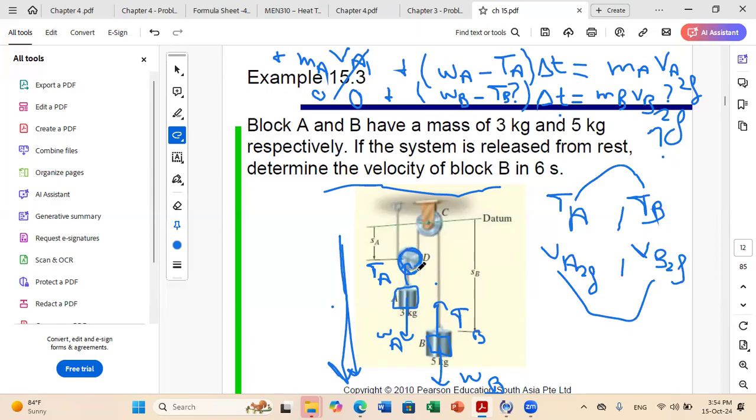So sum of forces on this pulley is 0. First, if I start with pulley D and I take this system, I draw the free body diagram of it. What do I have? I have TA from this side. And since I am cutting here at 2 locations, I have TB and TB.